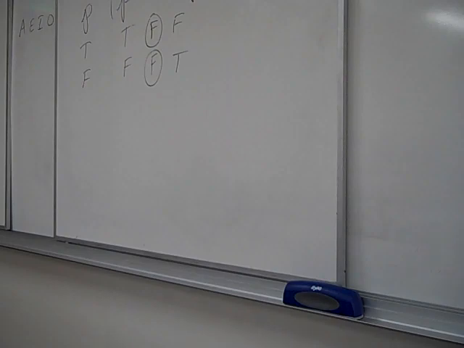So if P then Q, true, P then Q will be false, P then Q will be true. If Q then P. Now if I'm trying to figure out what the truth value of this statement is, looking at this table, I'm going if Q then P. So if true then true. If false then true, that's true. If true then false, that's the one case where it will be false. And if false then false, true.